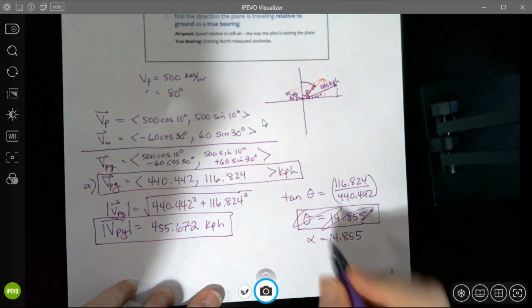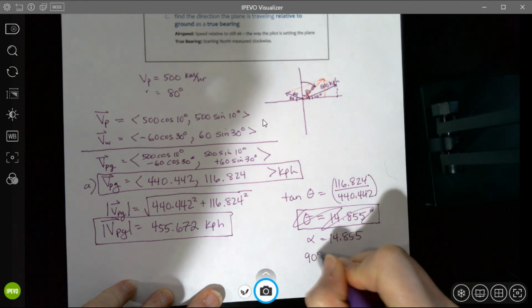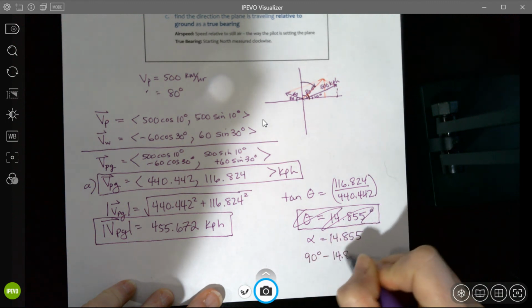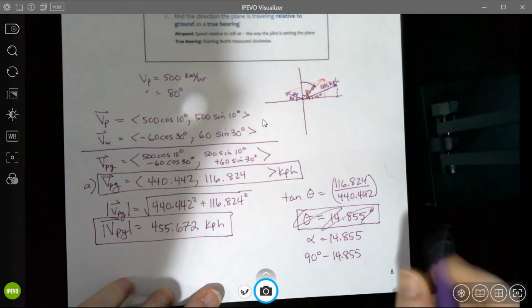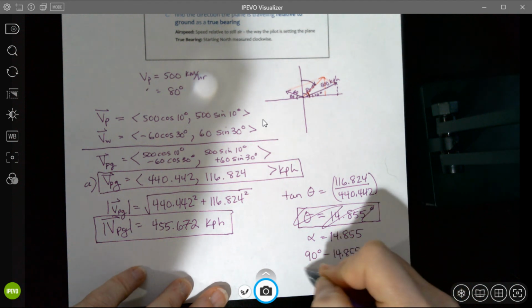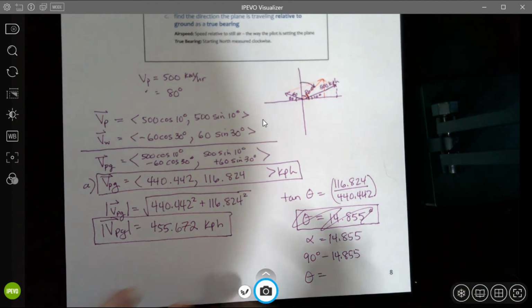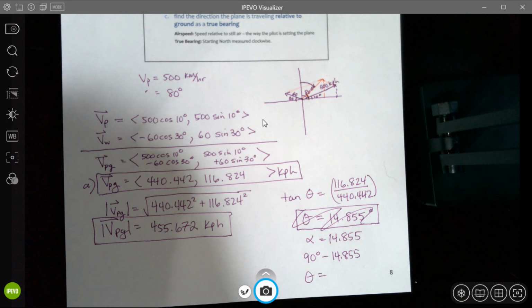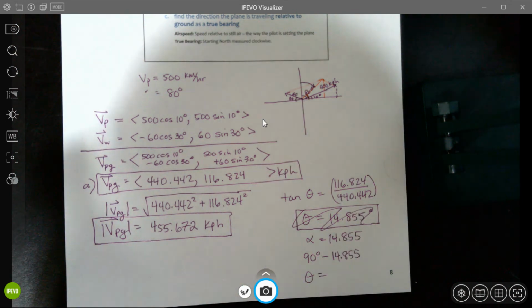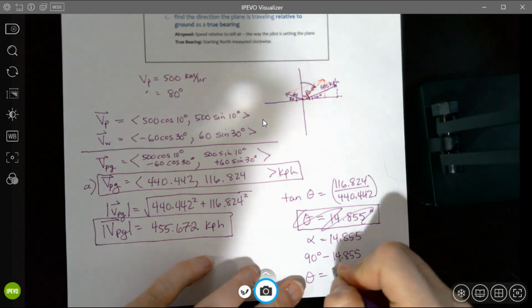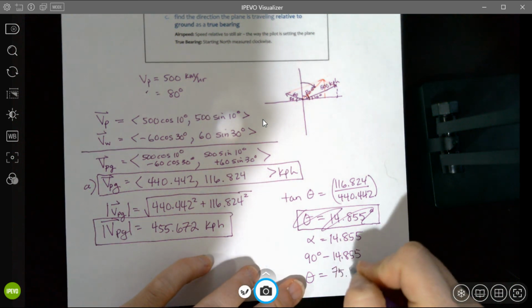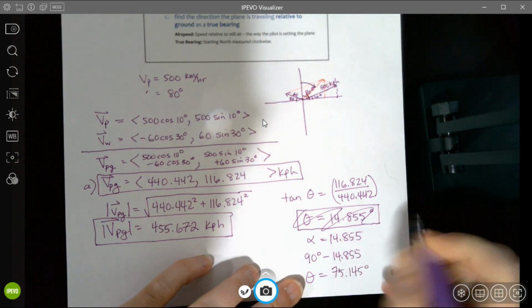So all we have to do there is 90 degrees minus 14.855 to get our angle. And our angle will be 90 minus that, 75.145, true bearing.